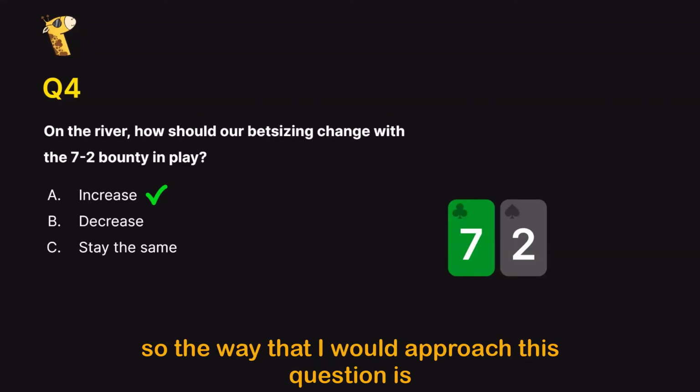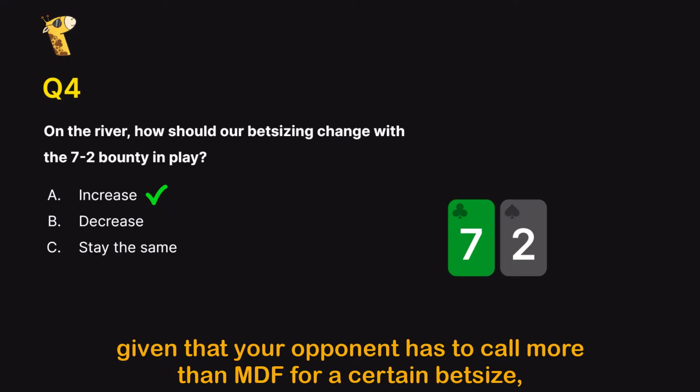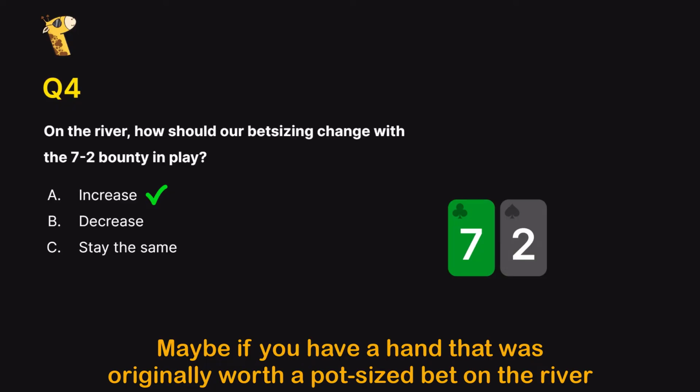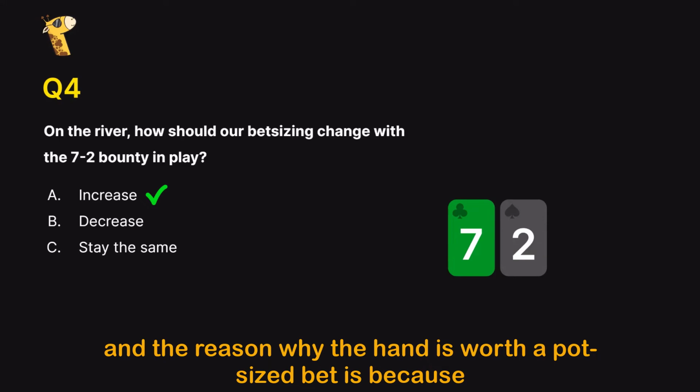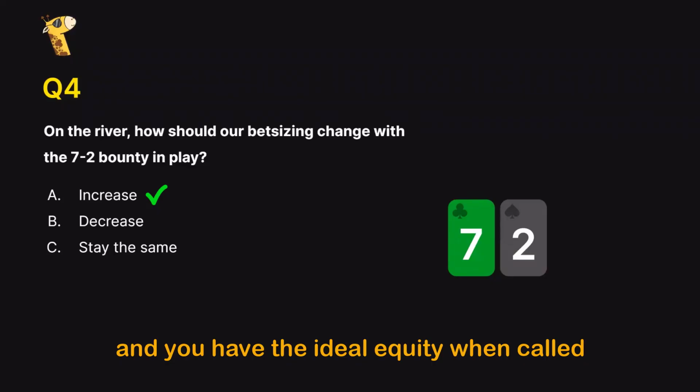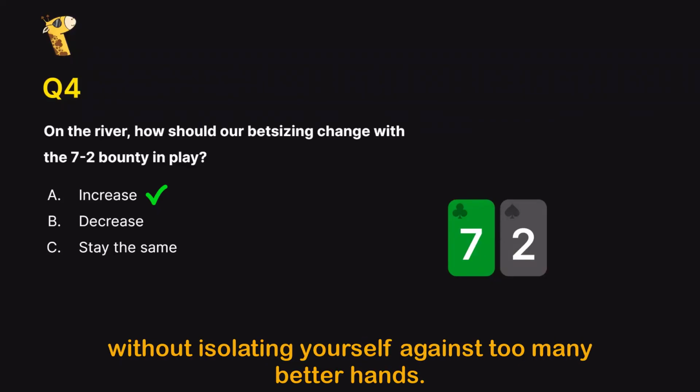Yeah. So the way that I would approach this question is that given that your opponent has to call more than MDF for a certain bet size, that would just allow you to size up with certain hands. Maybe if you have a hand that was originally worth a pot size bet on the river, and the reason why the hand is worth a pot size bet is because that's the optimal size to bet, in the sense that you extract the most value and you have the ideal equity when called, without isolating yourself against too many better hands.